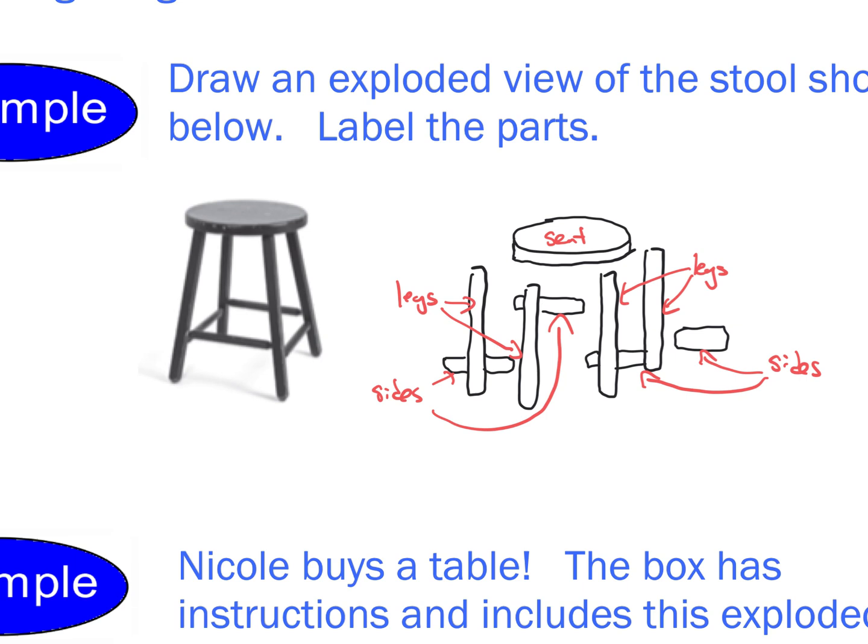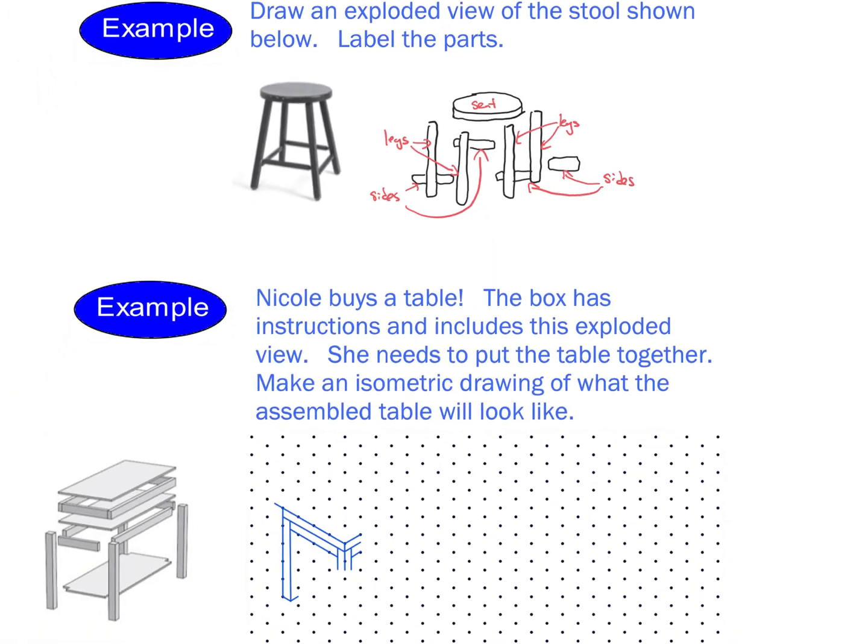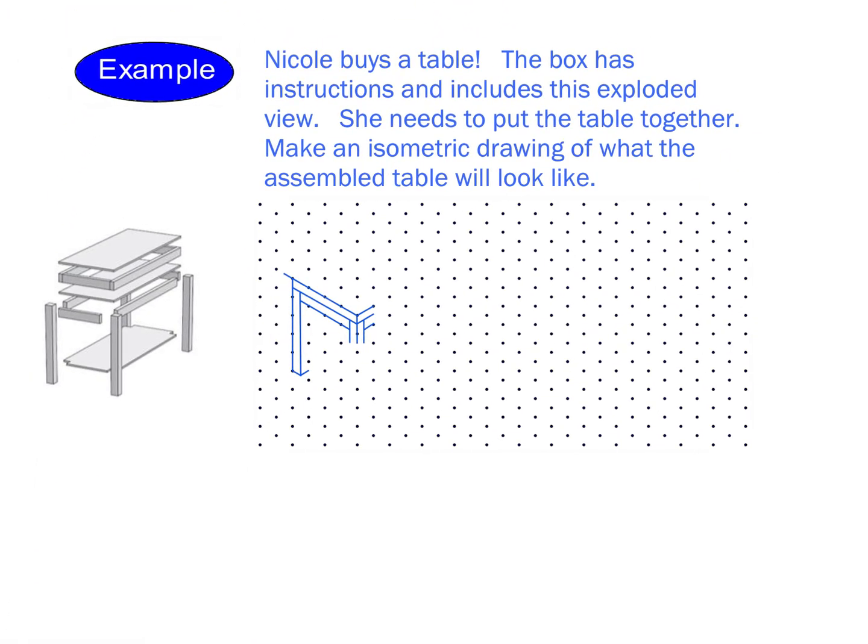Okay. So, all right. Now, let's do another one here. Nicole buys a table. The box has instructions and includes this exploded view, which we have over here. She wants to put the table together, make an isometric drawing of what the table will look like when it's put together.